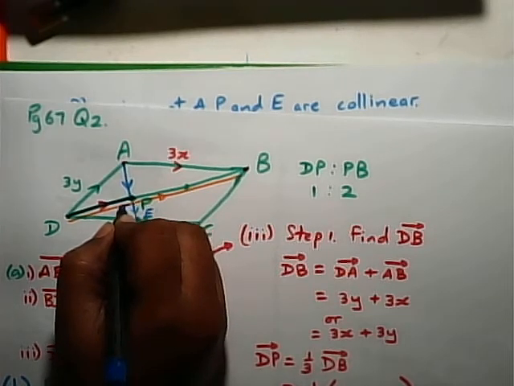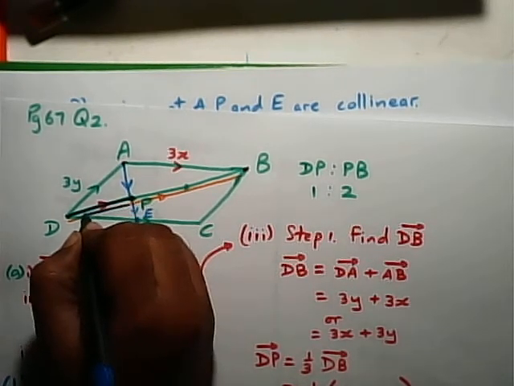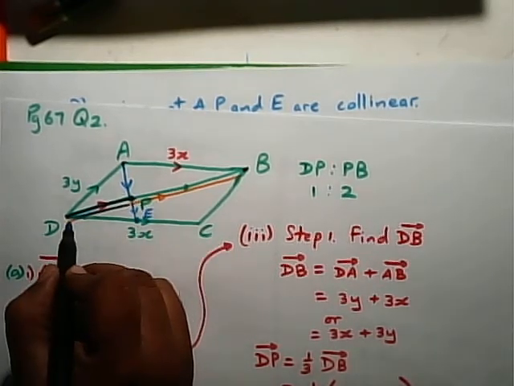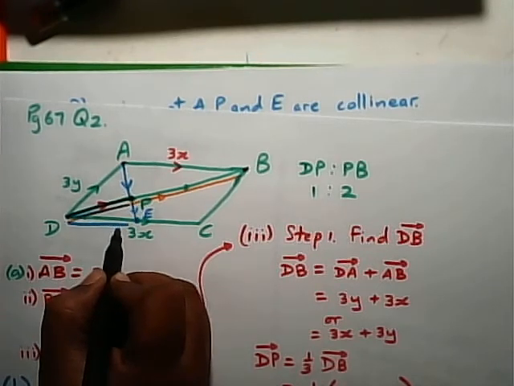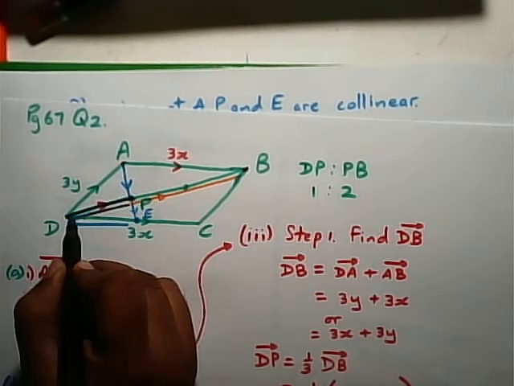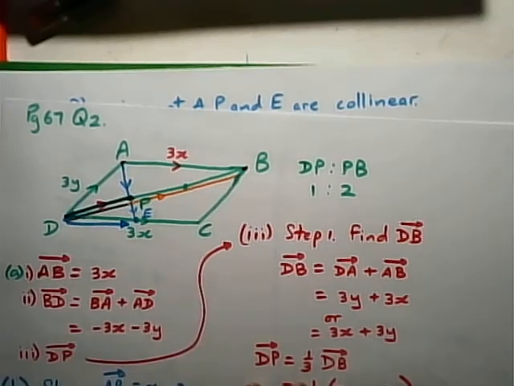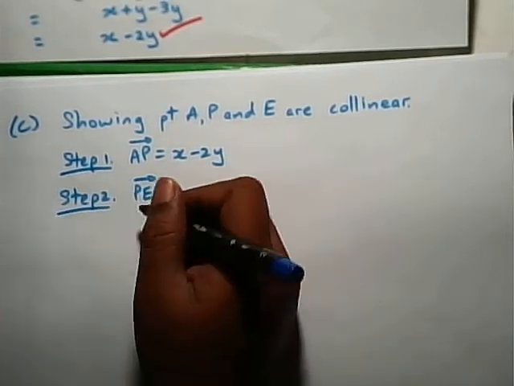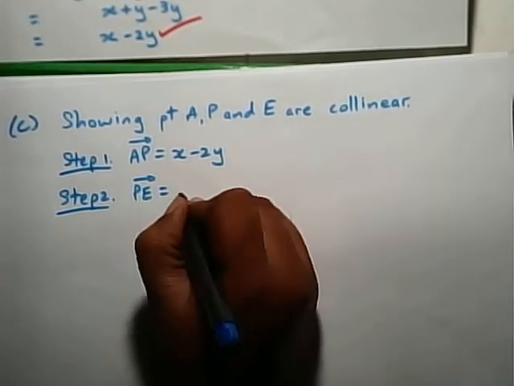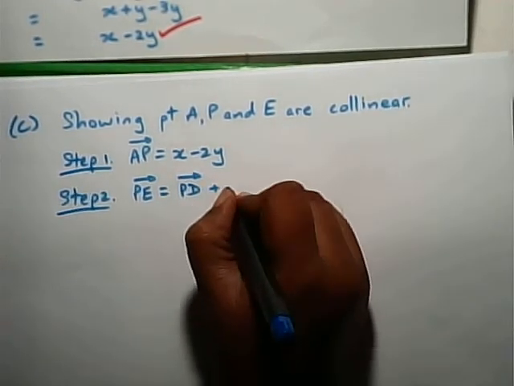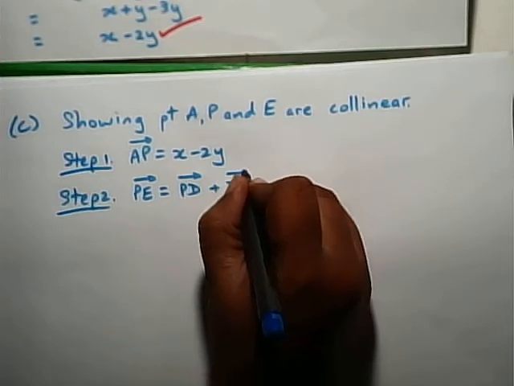So we can travel down this arrow here from P to D, and then from D to E. So PE would be traveling from P to D and then from D to E.